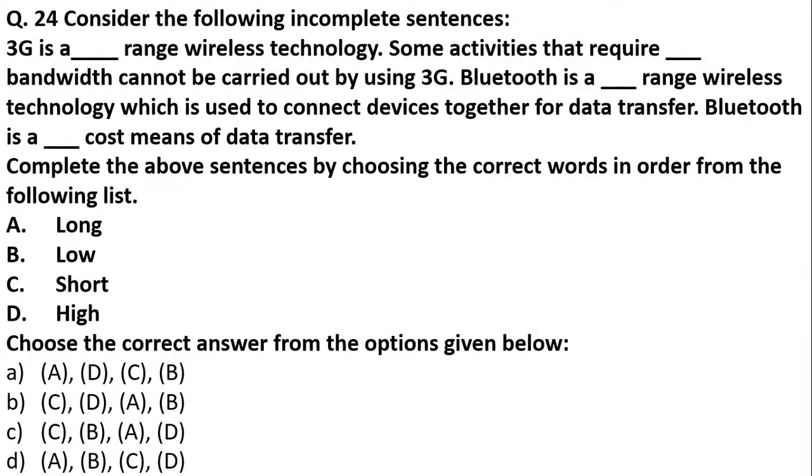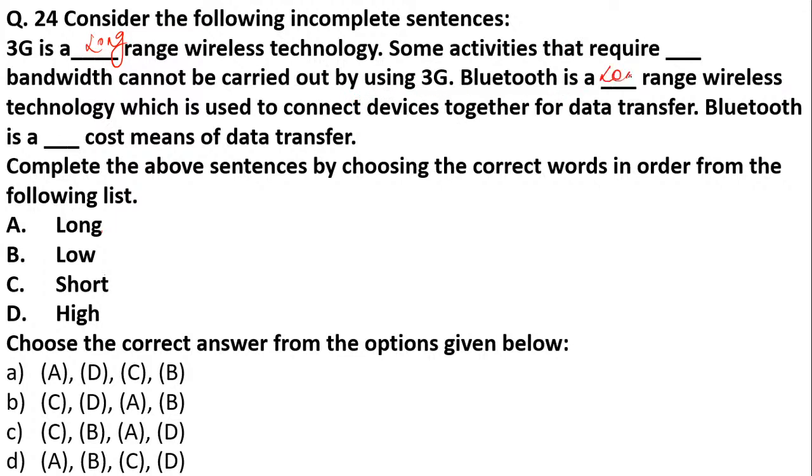Consider the following incomplete statements. This is one paragraph and here we have to fill in these words. Which word will come over here? 3G is a long range wireless technology. Some activities that require high bandwidth cannot be carried out using 3G.